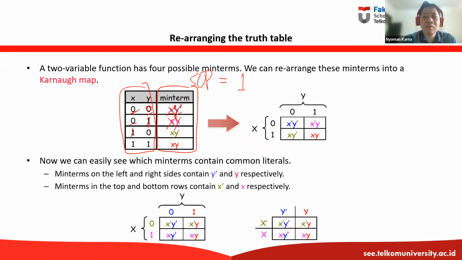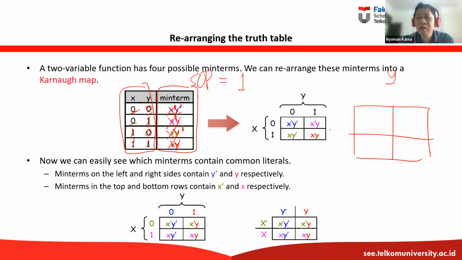And then 1, 0, then X is active, Y is not. 1, 1, both are active. Okay, now, if we want to arrange this to become something like a map, then we can say that this is when the input is Y, this is when the input is X.